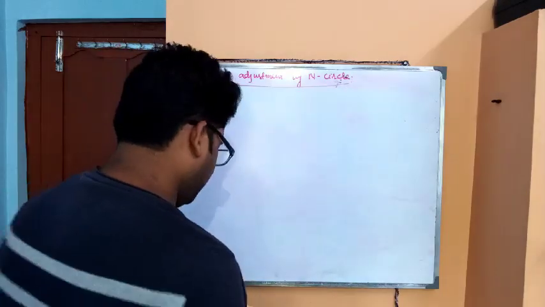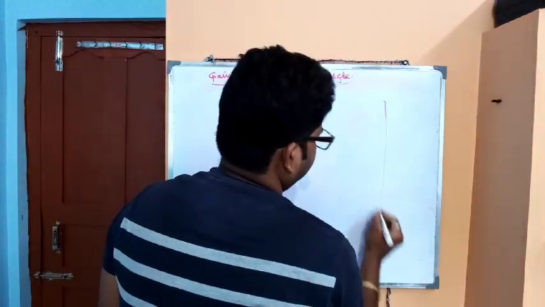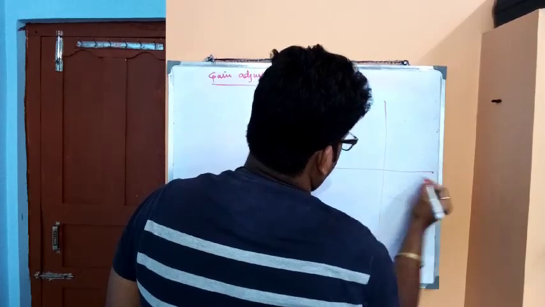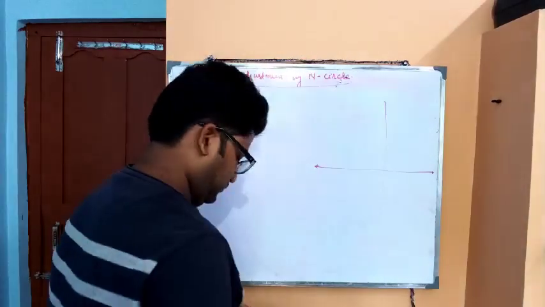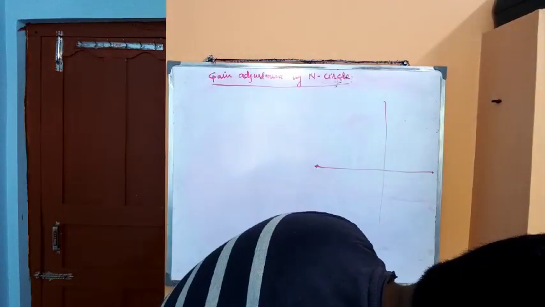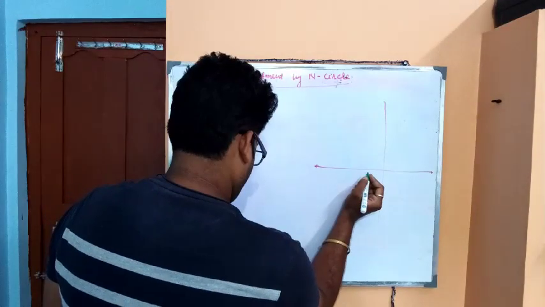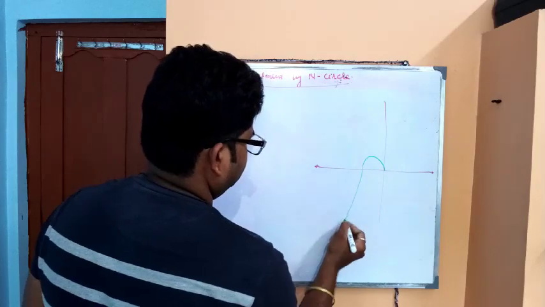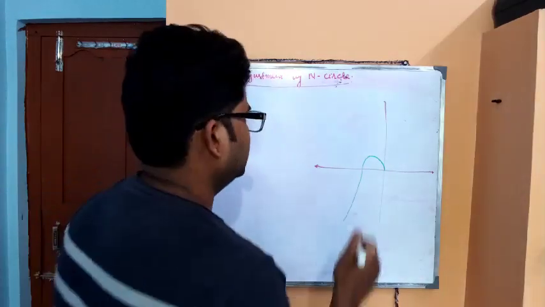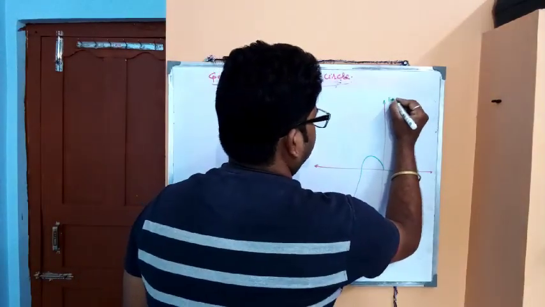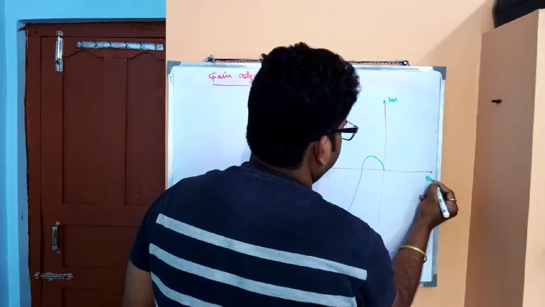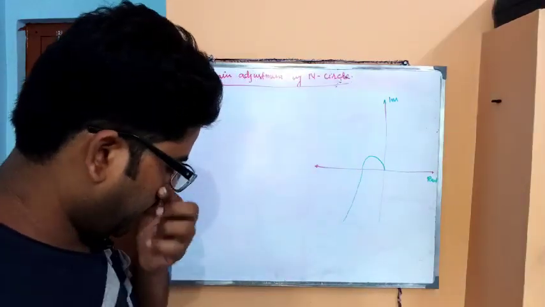So for this we need to draw a root locus. We are considering a random root locus diagram. This axis represents the imaginary axis, and this is the real one. This is the root locus diagram.